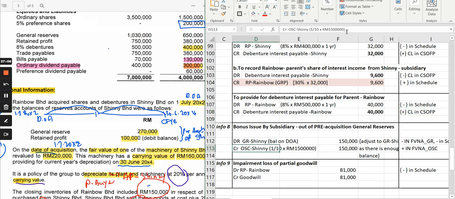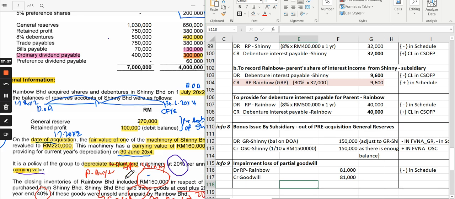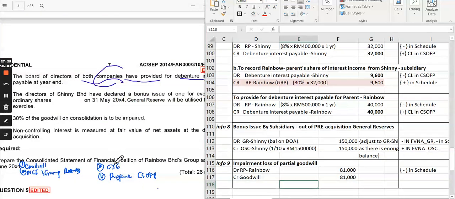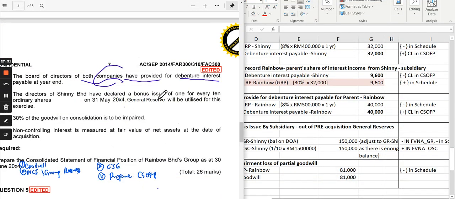There was an extra 0 here, I will remove. Okay, that's okay actually, I just noticed that. Correct, 1.5 there.